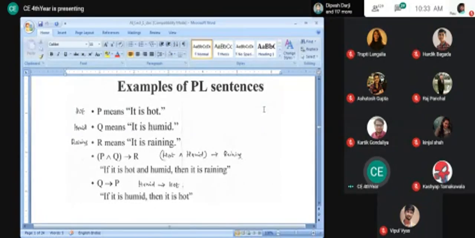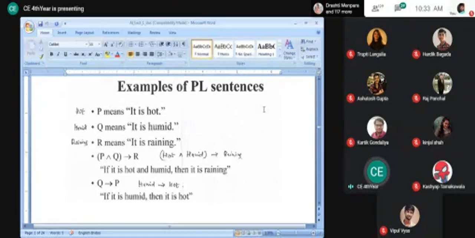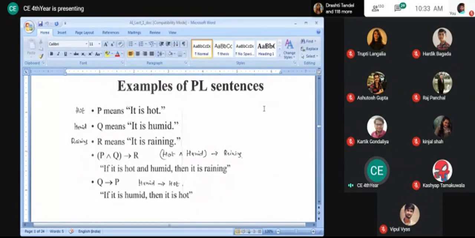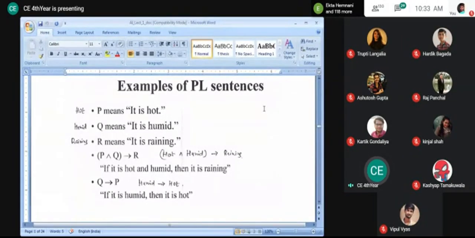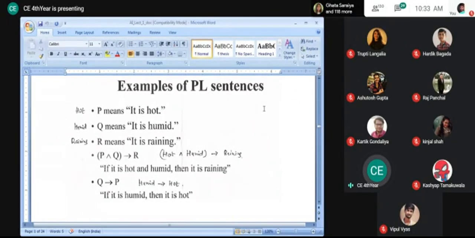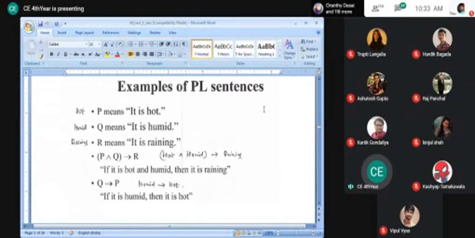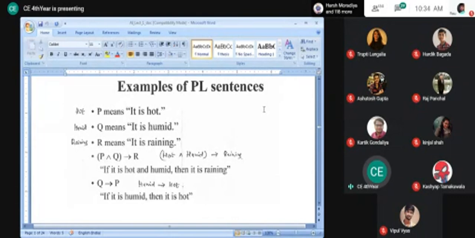So we are representing these sentences as propositions. Our propositions could be hot, humid, and raining. We could have used any name as per our convenience and choice. I could have used only R, my choice.